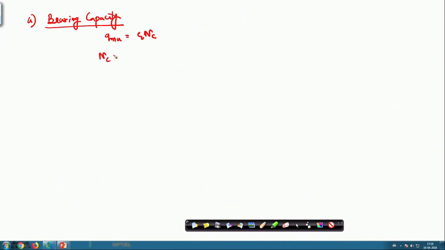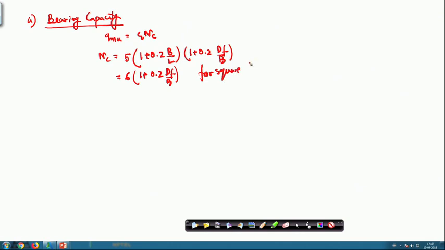Nc in general for a rectangular footing is 5(1 + 0.2 B/L)(1 + 0.2 Df/B), and for a square foundation this will be 6(1 + 0.2 Df/B), as B/L is equal to 1.